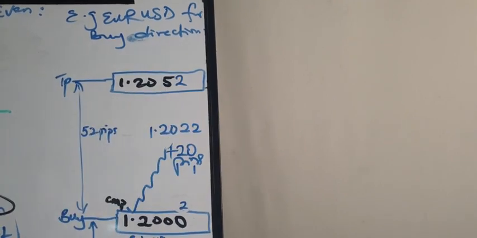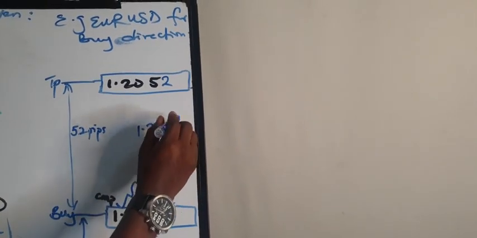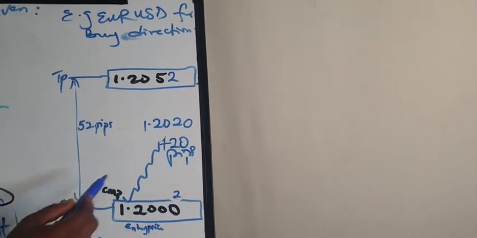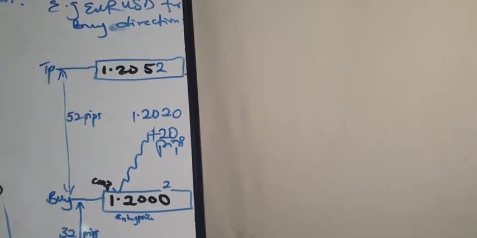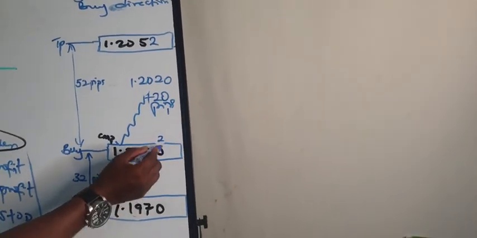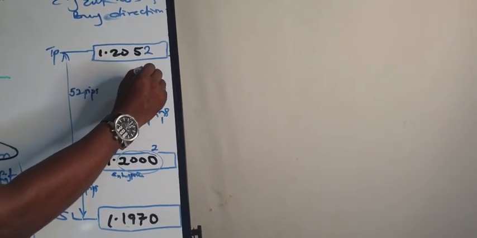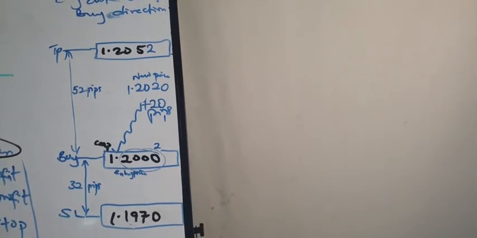The spread will always move with it, but for me not to confuse you, let me say my 20 pips. This will be 1.2020 from this entry price. Focus here. So now this is the new price that I will be seeing on my chart.